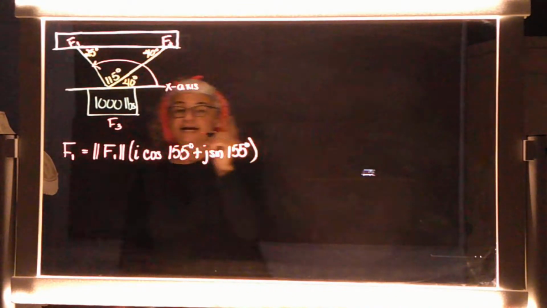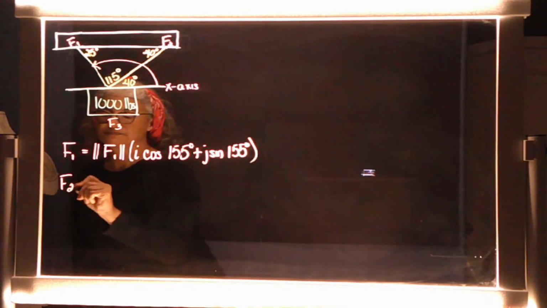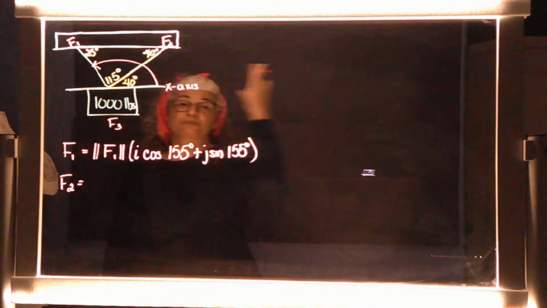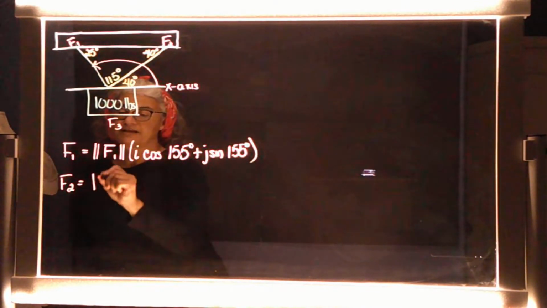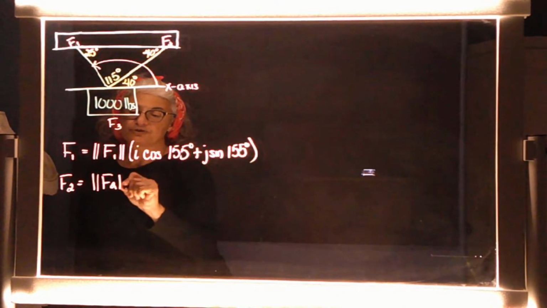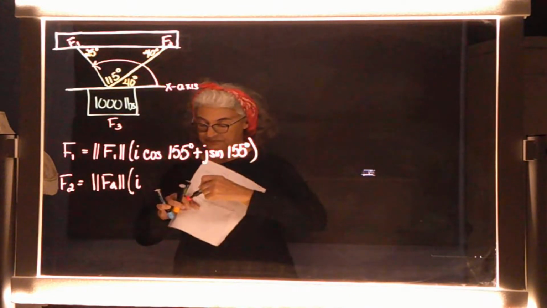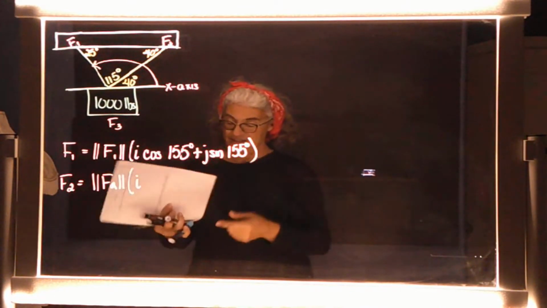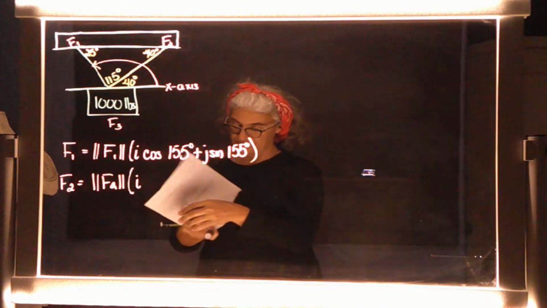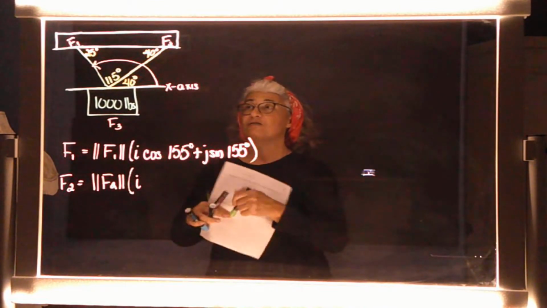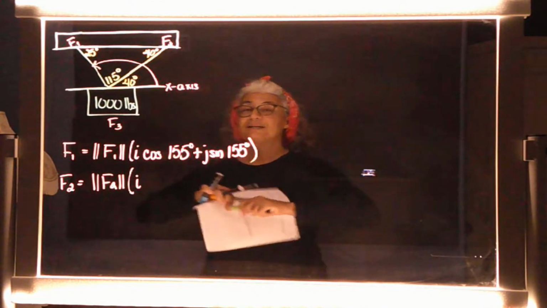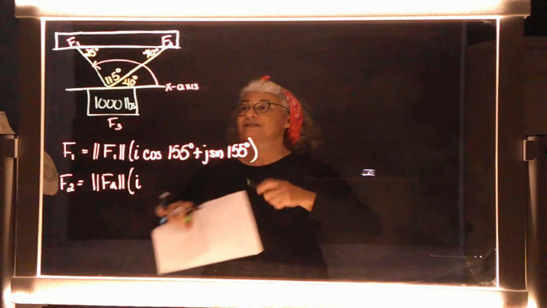Okay. F2, the cable on the right. Again, I'm looking for its force, which means I'm looking for its magnitude, but I need its direction. And in this particular case, the direction for F2, again, you have to start at the positive side of the x-axis.